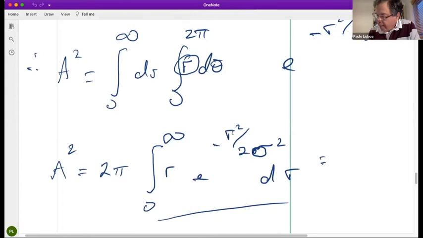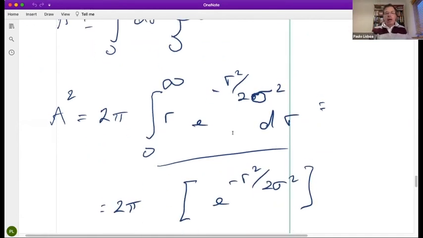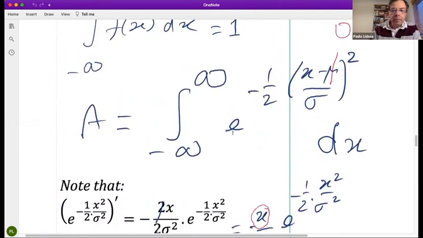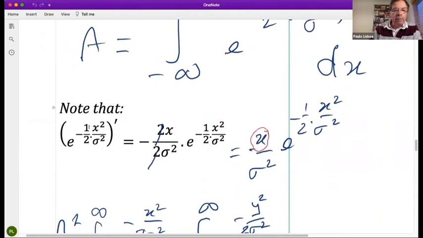is your 2 pi, and it turns out that the integral of all of that in the integrand is e to the minus r squared over twice sigma squared. I'm going to go back up and show you why that is. It's because of that property that the derivative of e to the minus x squared over twice sigma squared is minus x over sigma squared times all of that.